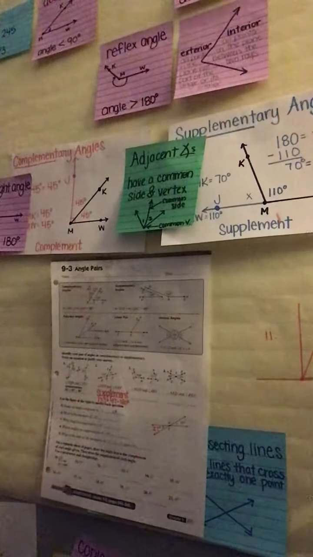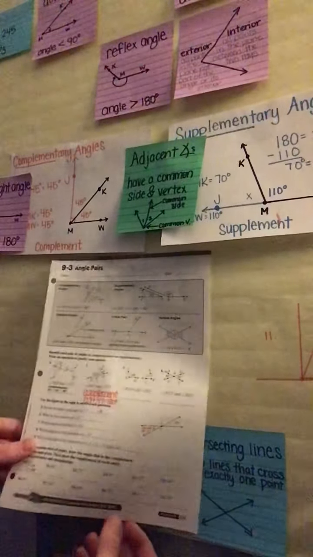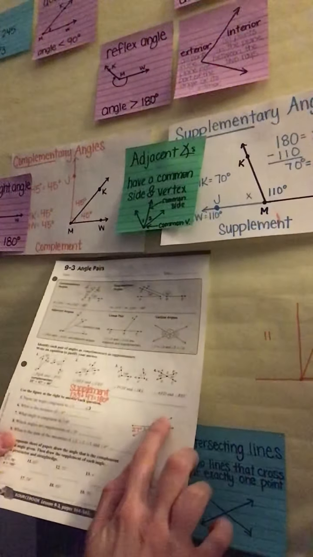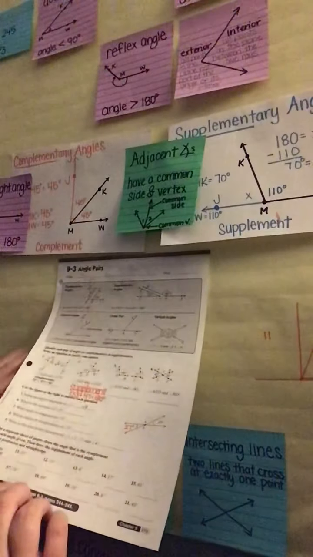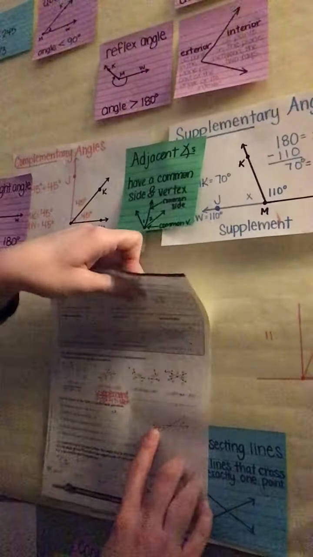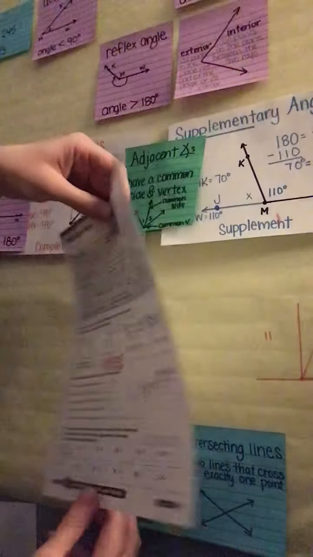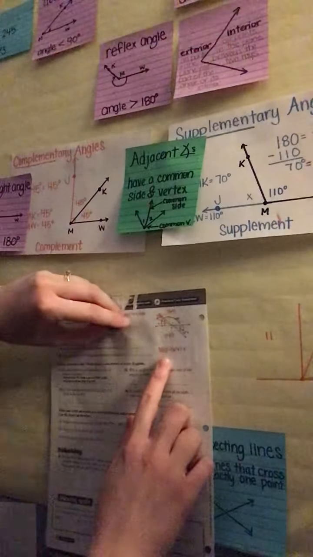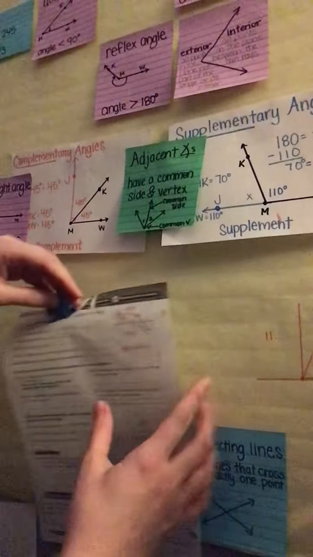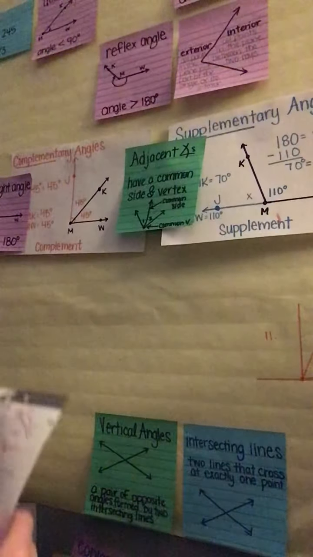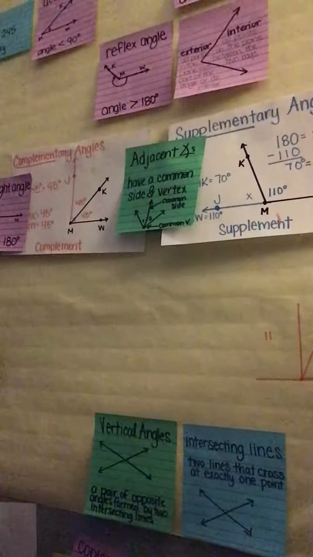Taking a look through, make sure you look at those supplementary angles. Not supplementary angles, the congruent angles through the intersecting lines, and look for the supplementary angles as well. Looking over here, I just don't think you can see it. I'm really sorry, you guys. All right, well, I'll send this scan out and you guys can look at it.